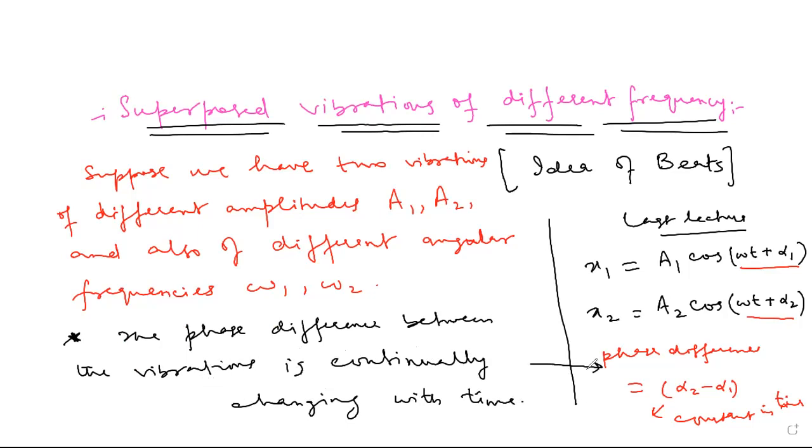So this is the difference between equal frequency case and different frequency case. In equal frequency case, the phase difference between the vibrations is constant in time. Here, the phase difference between the vibrations is continually changing with time. So this has consequences.